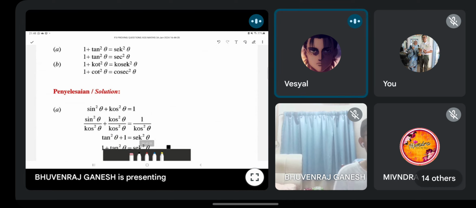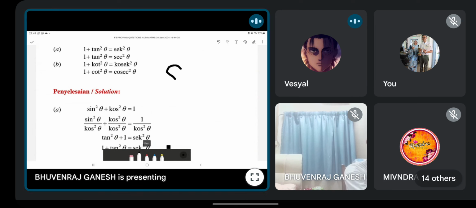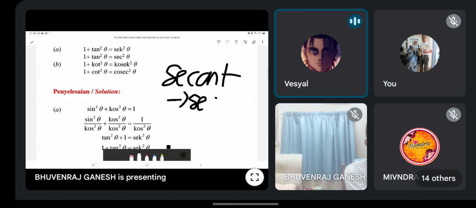Yeah, okay. So for the first formula, we have to prove 1 plus tan square theta equals, what's that? Secant. Okay, my bad. Secant square theta. For those who don't know, secant is actually 1 over cos square theta.